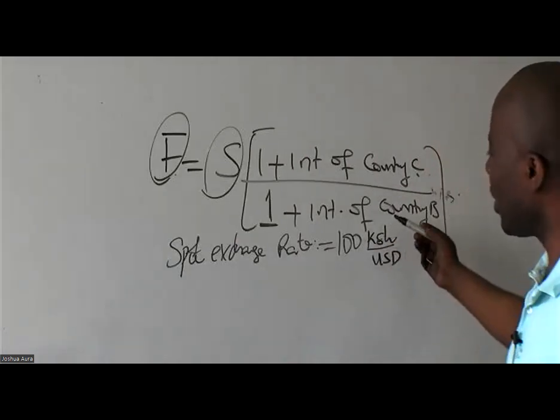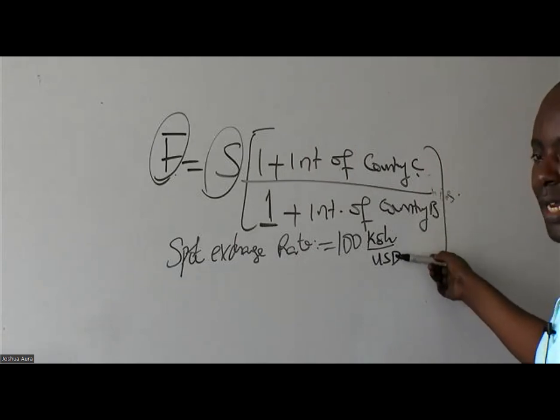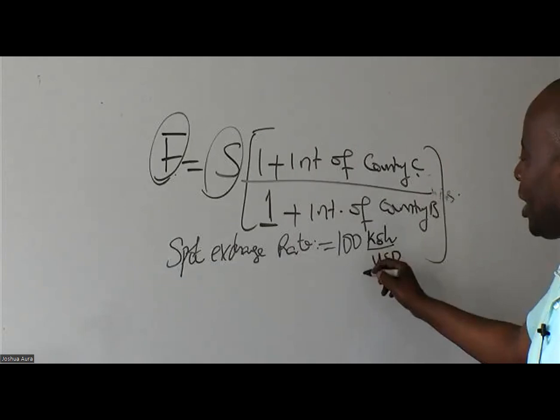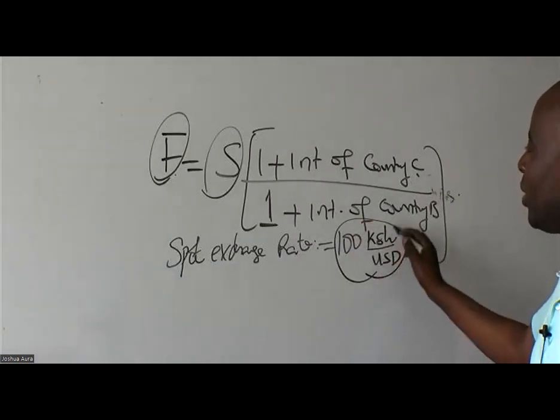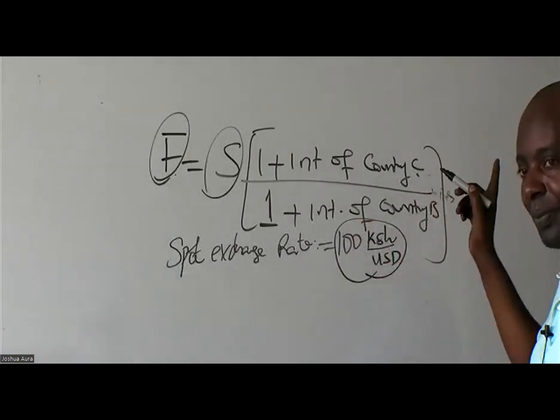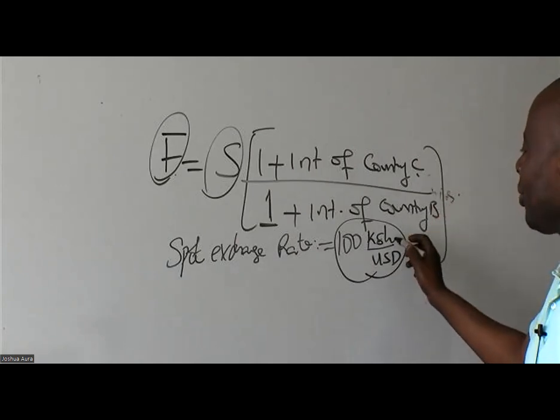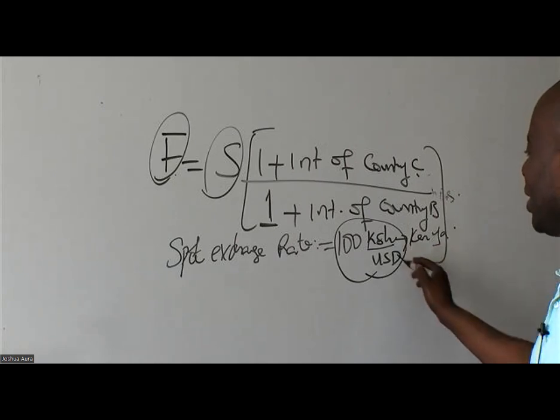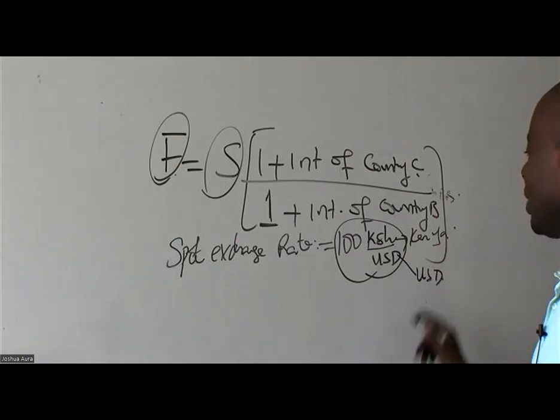Unaweka hivi, ndiweza kujua ni gani imekalia ingine. Ni gani imekalia Kenya shillings per US dollar. Hii expression, it will be able to guide you to know which country is on top. So automatically here, I'm able to know that Kenya is the one that is on top, then US is the one in the denominator.